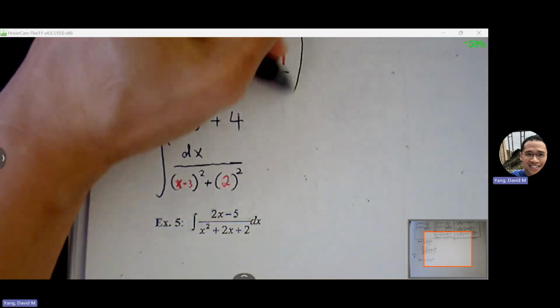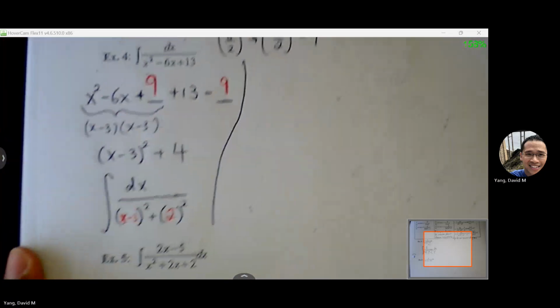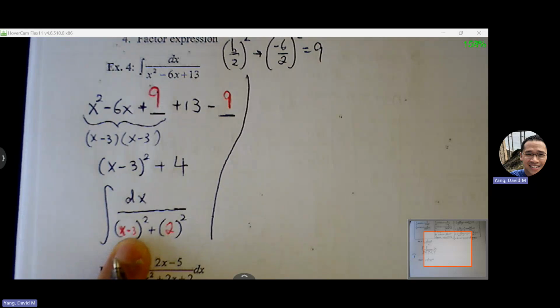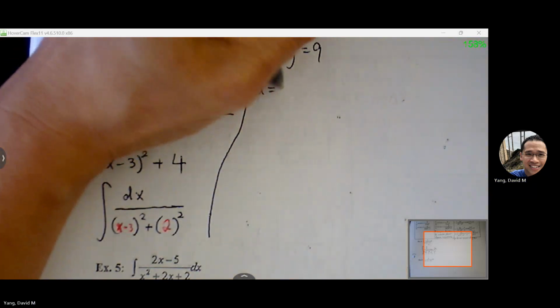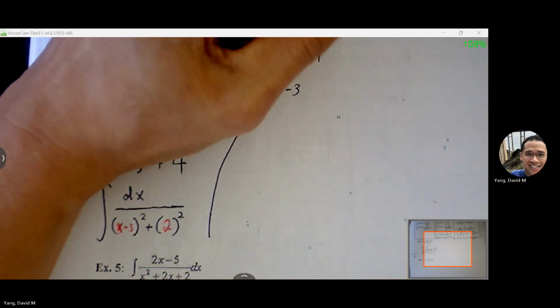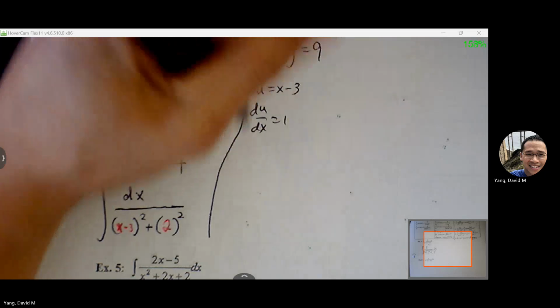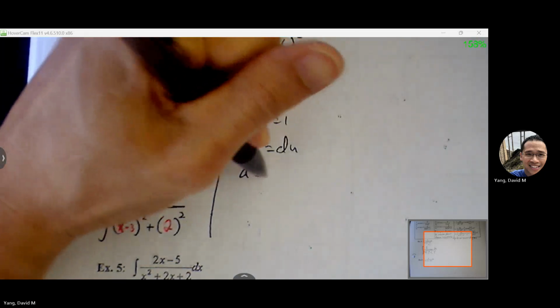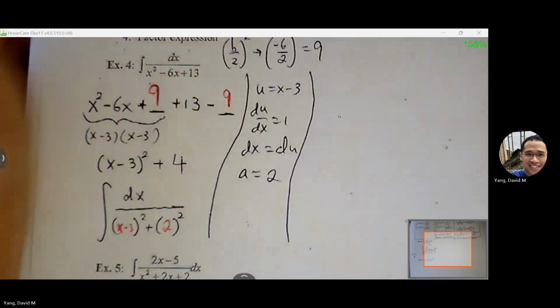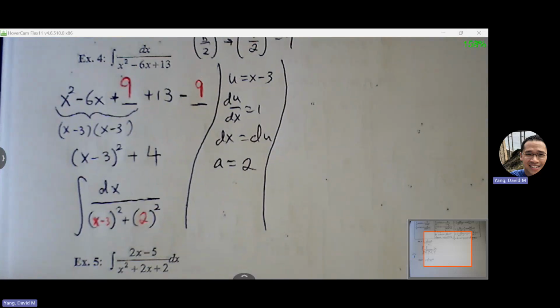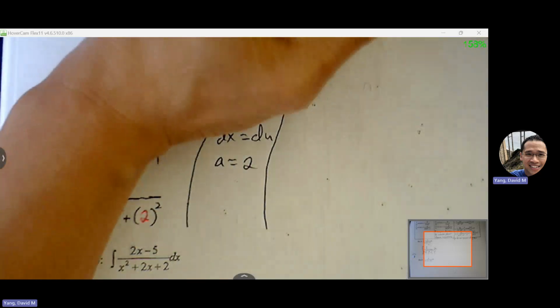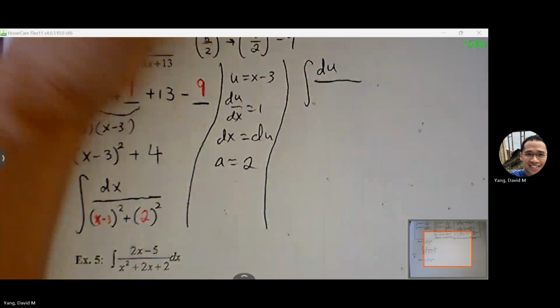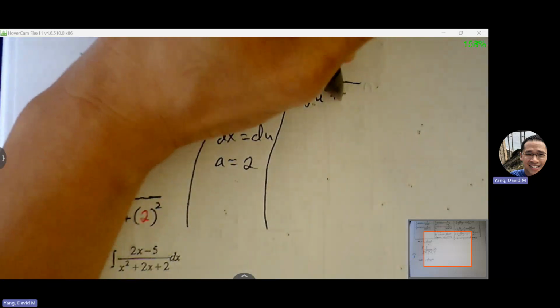Okay, go through your u substitution, but we're not going to have any leftover from our u value. Right, let's go ahead and replace everything. dx becomes du. My u squared plus a squared is ready to go.